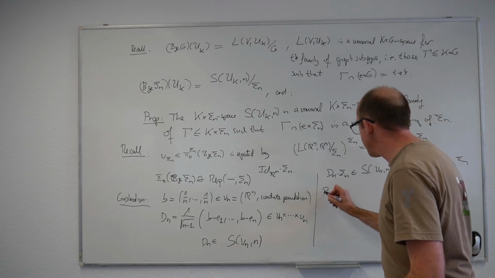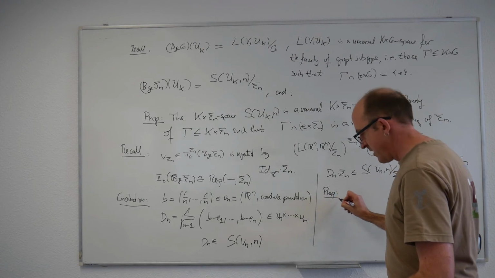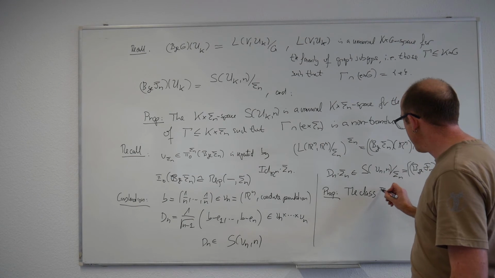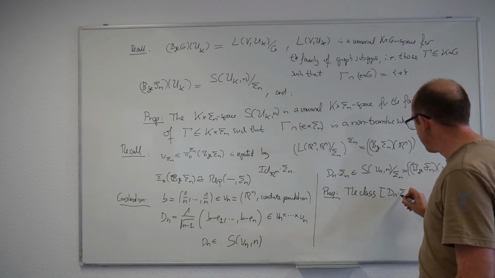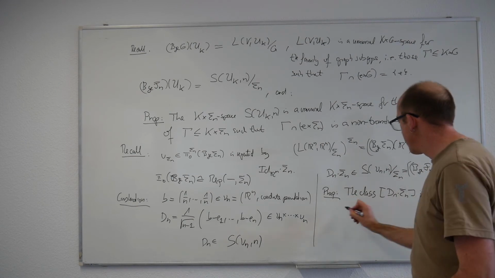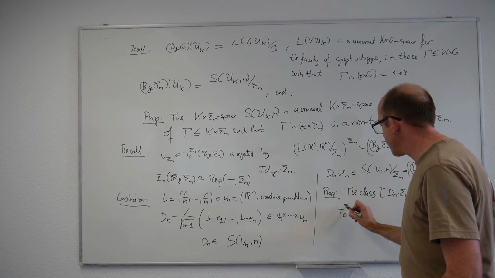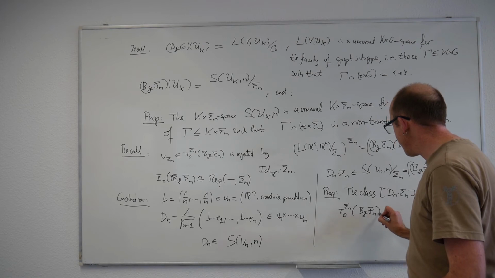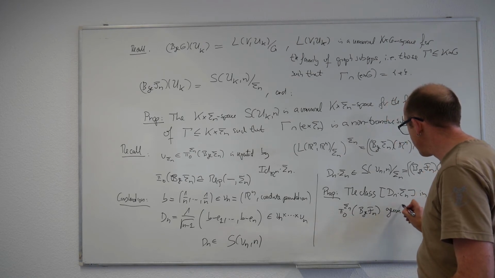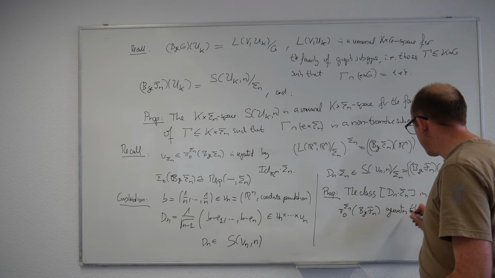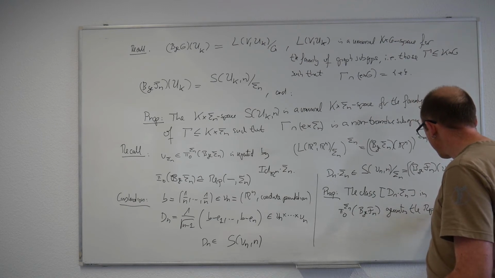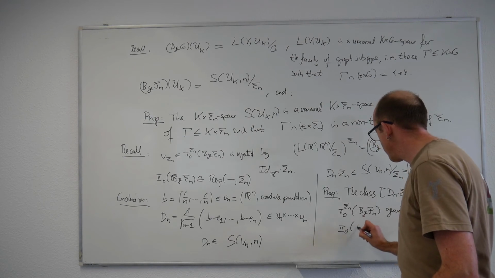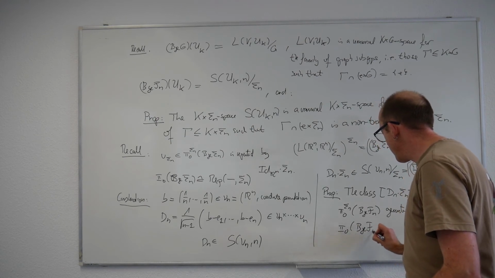And then the proposition is that the class of dn times sigma n in pi 0 sigma n equivariant of the global classifying space of Fn generates the Rep-functor pi 0 underlined of B global Fn.